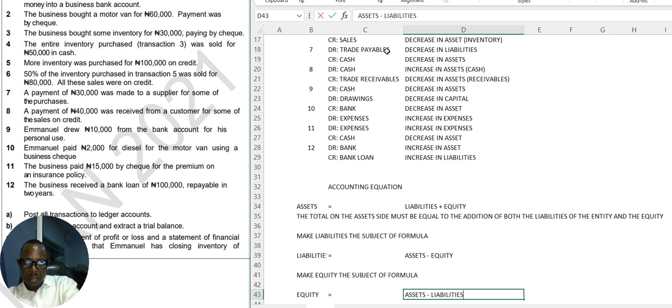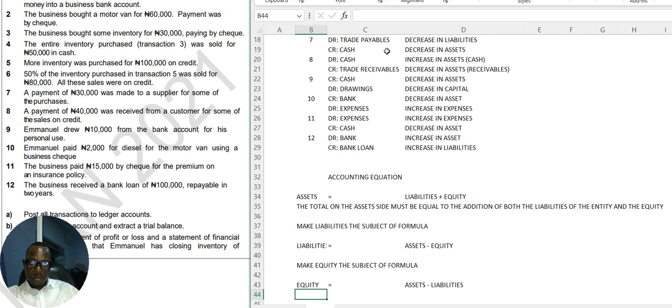I hope you understand it. So these are just the accounting equation formulas.